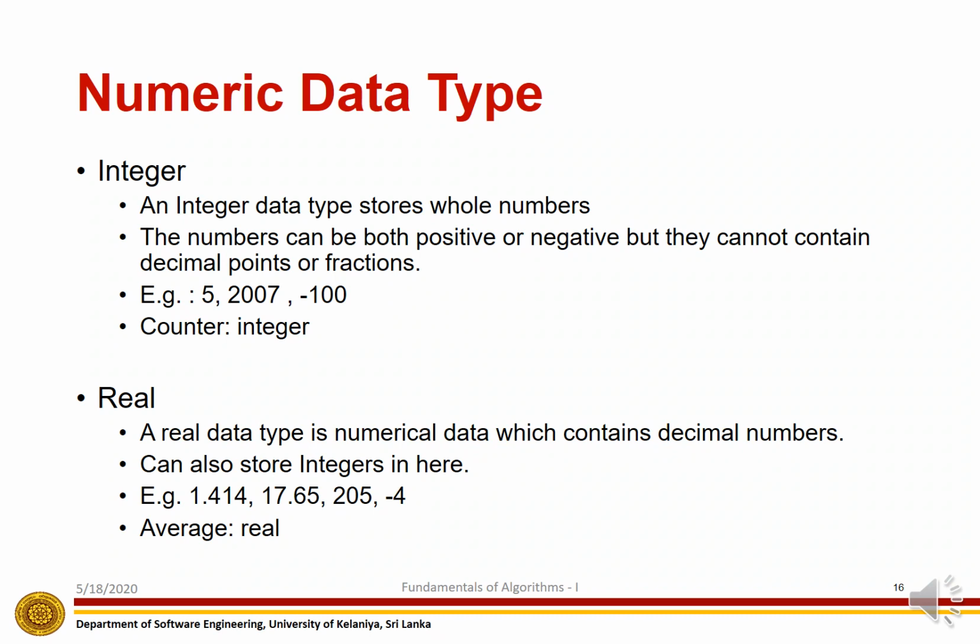In the algorithms, we can state the real type variables by variable name colon real. In the slides you can see average colon real. When we get the average, sometimes it can be decimal numbers and sometimes we can get whole numbers. So we are giving it as real type.